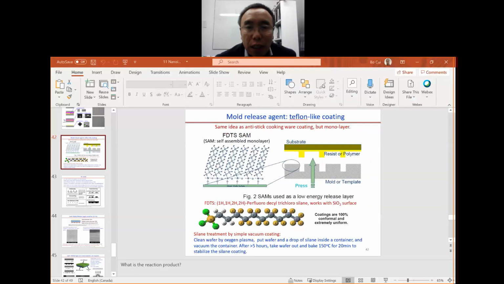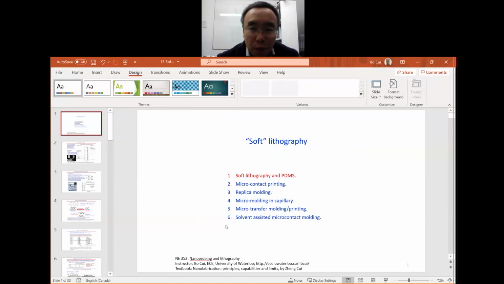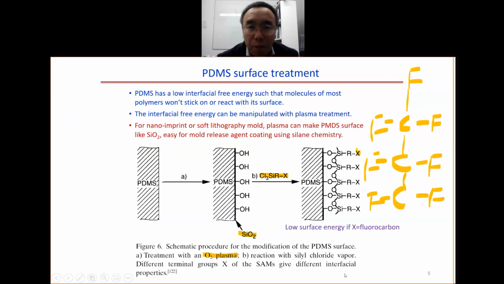So here you can see this one is also a trichlorosilane. When we have trichlorosilane, it will bond to the hydroxyl group on the surface. So it is the same thing. We can modify the surface using this trichlorosilane to have different surface groups.